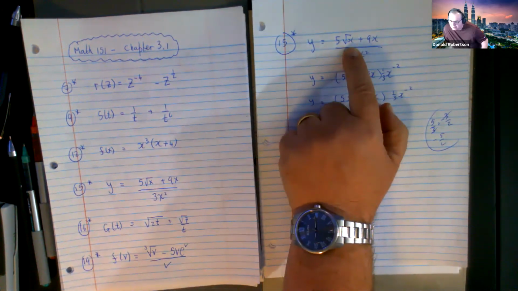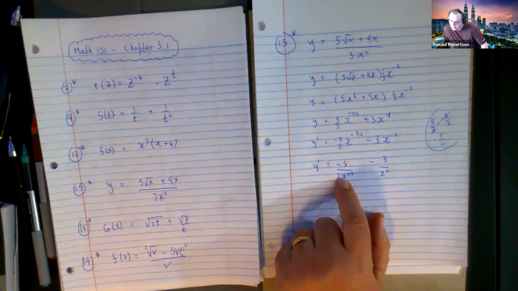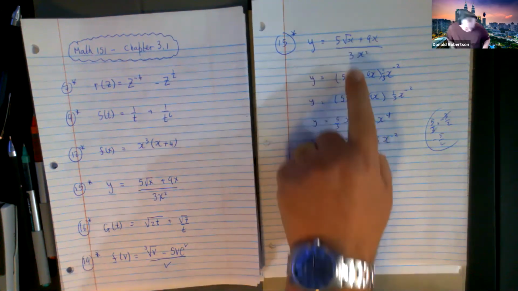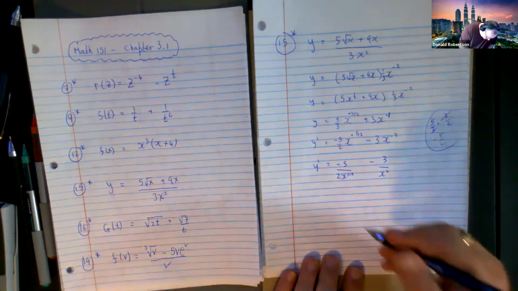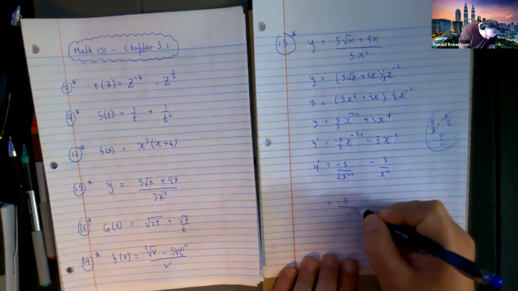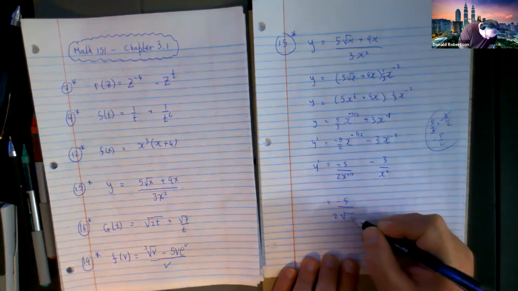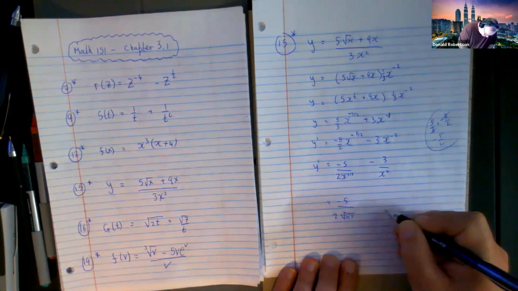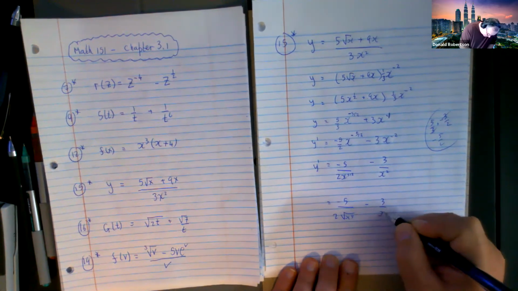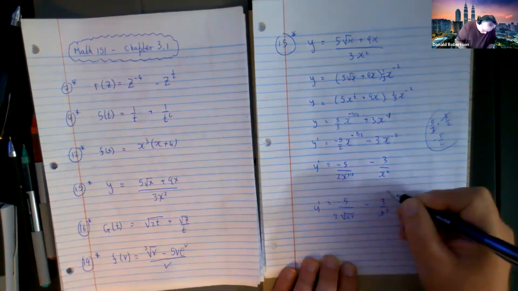Doesn't the original have square roots in it? It doesn't have fractional powers, right? It has square roots in it. So I need to take this horrible thing and turn it into that over that. We're now finished.